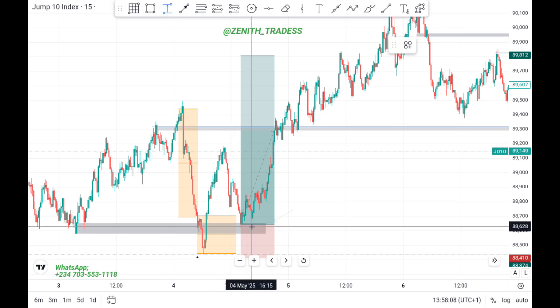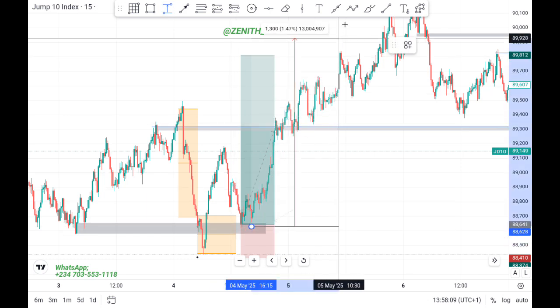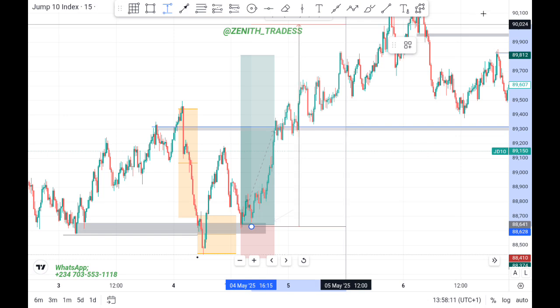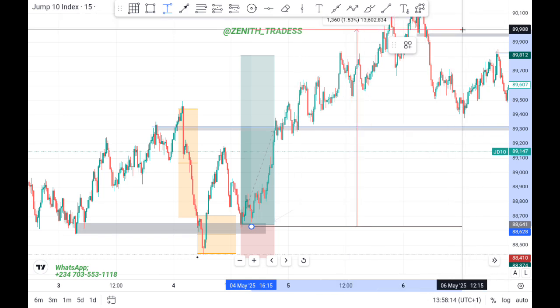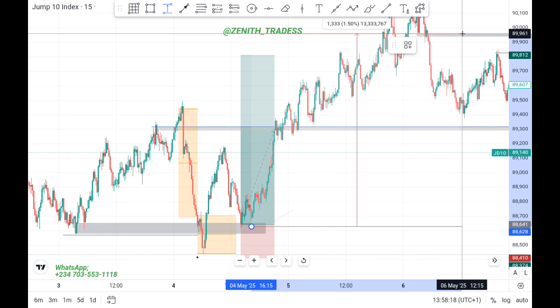Even with the smallest lot size on Jump 10, it will give you, let me see the number here, 0.01, I think that should be almost $13.